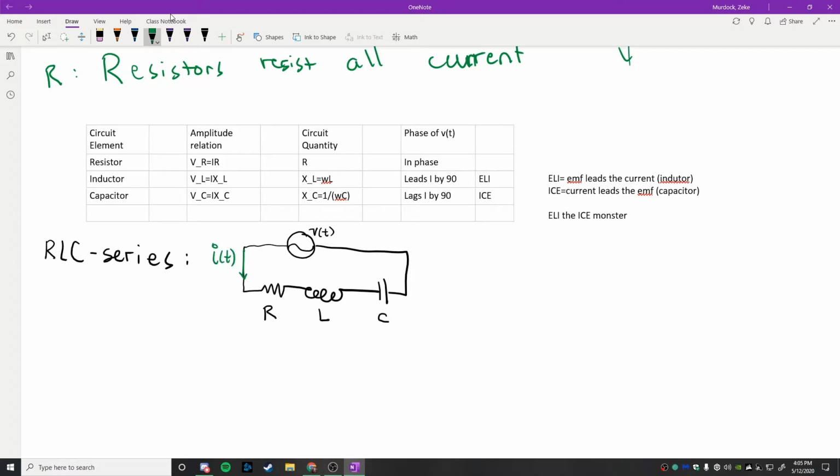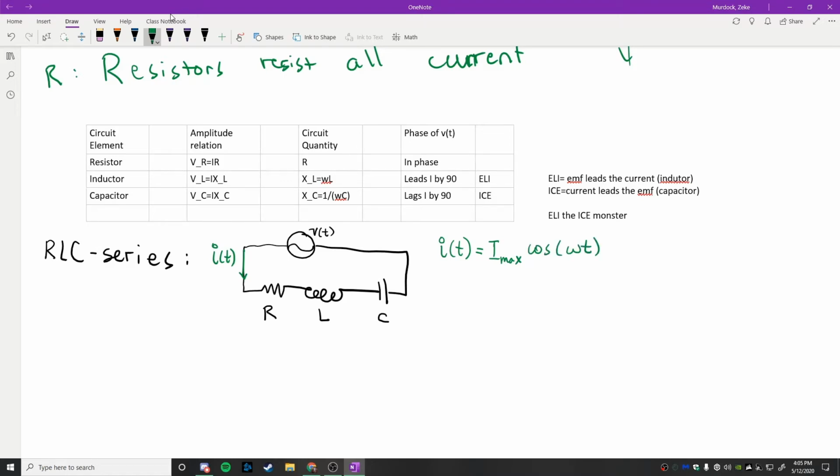And again, what we're going to do here is say that the current as a function of time is given exactly as we did before. So I of t is going to be equal to I max multiplied by the cosine of omega t.